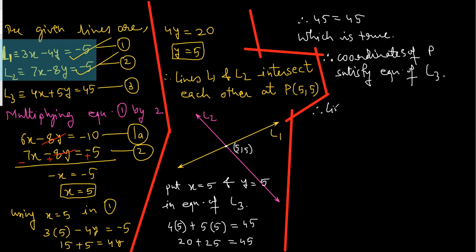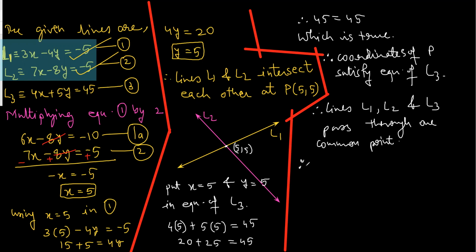Therefore, lines L1, L2, and L3 pass through one common point. These three lines pass through one common point. Therefore, lines L1, L2, and L3 are concurrent lines. They are concurrent lines.